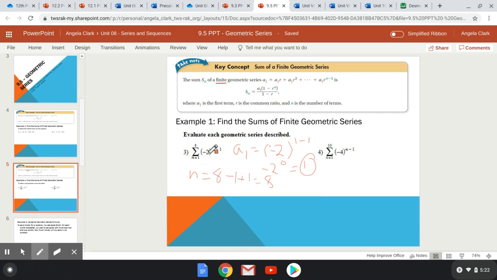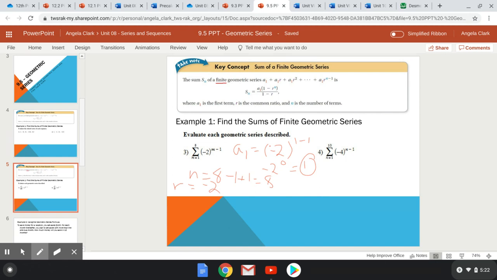If you start at 1, then your n is just the number up here. Okay, so now that we've done that, we can use our formula. Oh, r. R is always going to be the number that has the power. So r in this case is going to be negative 2.